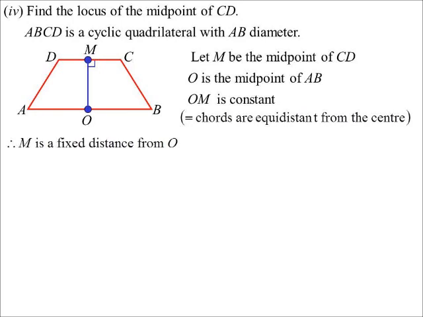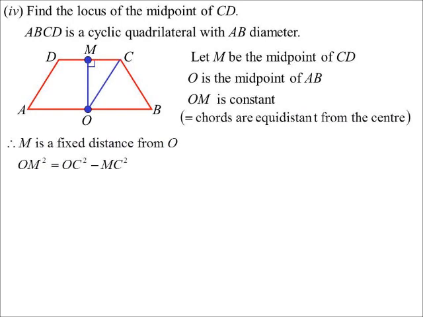So equal chords equidistant from the centre. So M is fixed. And maybe I went a little bit crazy here. Yes, I could say it's a circle, but I'm going to actually find its radius. There we go, look. The length of OM.